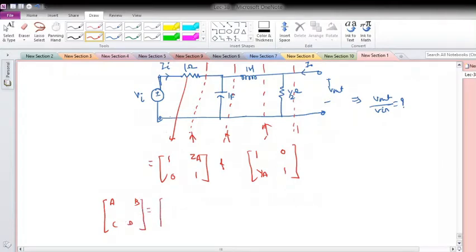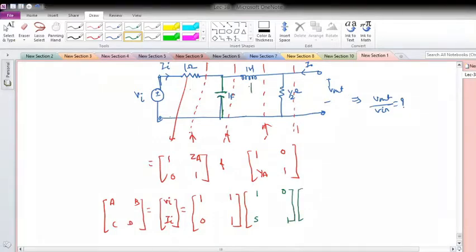I can calculate them as VI and II, which is the multiplication of these matrices. For the resistor, the impedance is 1, so the matrix is 1, 1, 0, 1. Next, this is in parallel form, so it is 1, 0, then the admittance. The admittance of the capacitor is CS, and C is 1, so it is S, then 1.